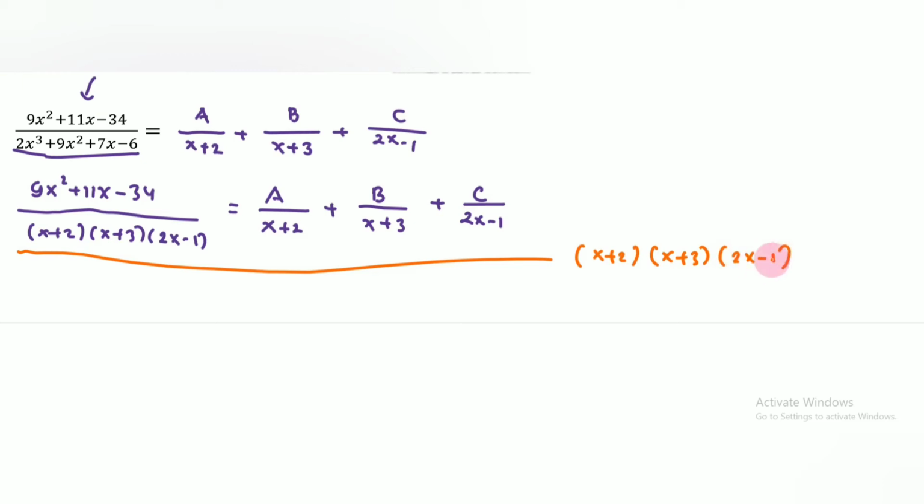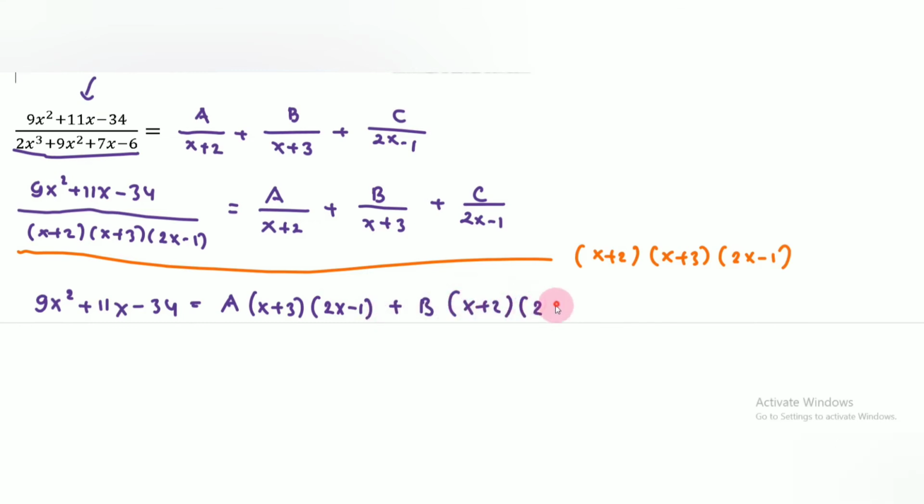We don't like fractions, right? So the objective is we want to get rid of the fractions. So we multiply all by all of these three factors. Therefore, on the left member, all of the denominators will be cancelled. So it will be 9x squared plus 11x minus 34 equals A multiplied by x plus 3 multiplied by 2x minus 1, plus B multiplied by x plus 2 multiplied by 2x minus 1, plus C multiplied by x plus 2 multiplied by x plus 3.